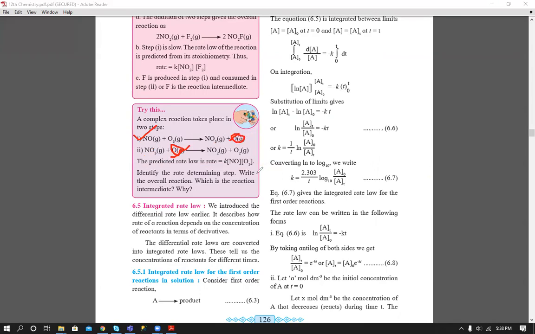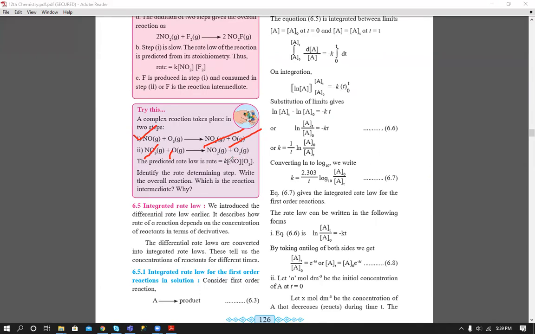Okay, let me see again. This NO3 and NO3 are also on both sides, and O is also on both sides. So NO plus O3 gives NO2 plus O2.